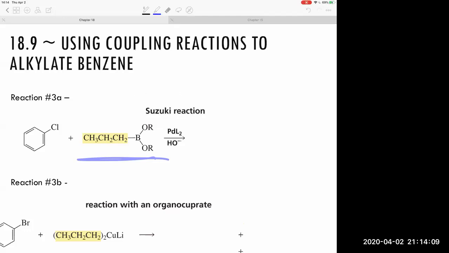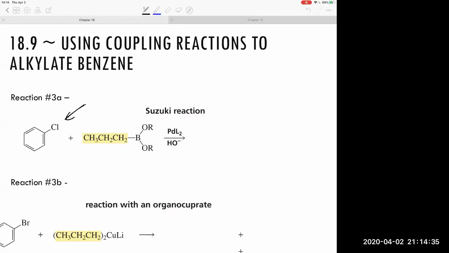So we already learned about this back in our organometallics lecture. This is the Suzuki reaction. We have this organoboron, and we're going to react it with a halogenated benzene. I'm sorry, I said that wrong the first time. So notice that at the very beginning, we learned how to form one of our chlorobenzenes.